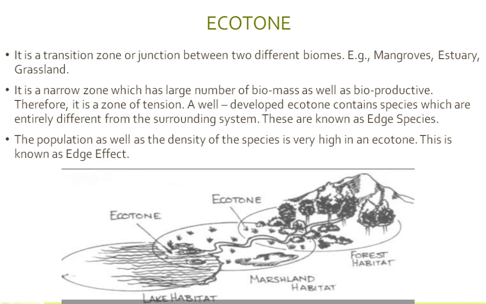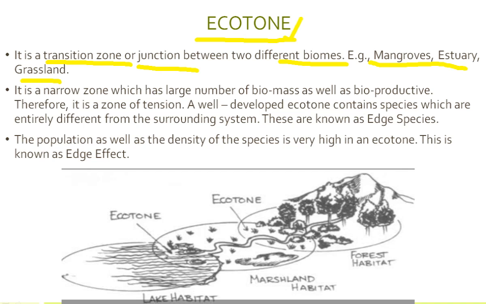so this is yet another concept which is very important, that is ecotone. So ecotone is a transition zone or junction between two different biomes, which means that an ecotone separates one biome from another biome. An ecotone consists of mangroves, estuaries, and grasslands.